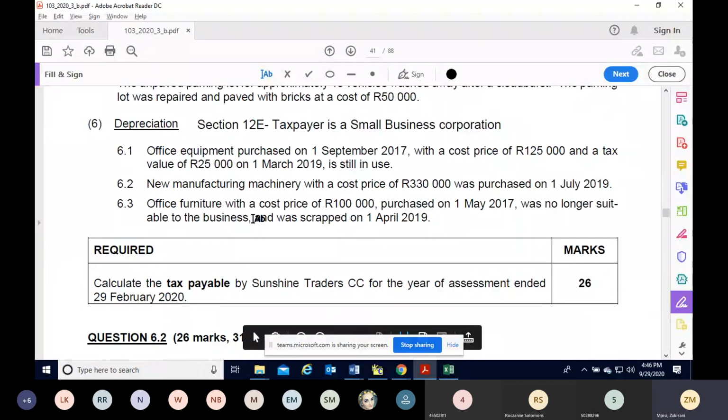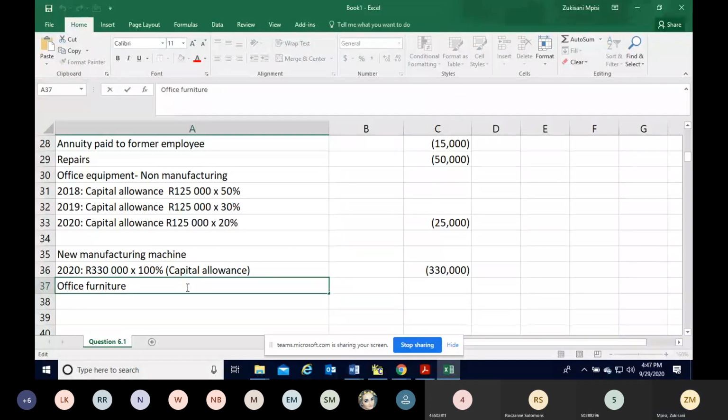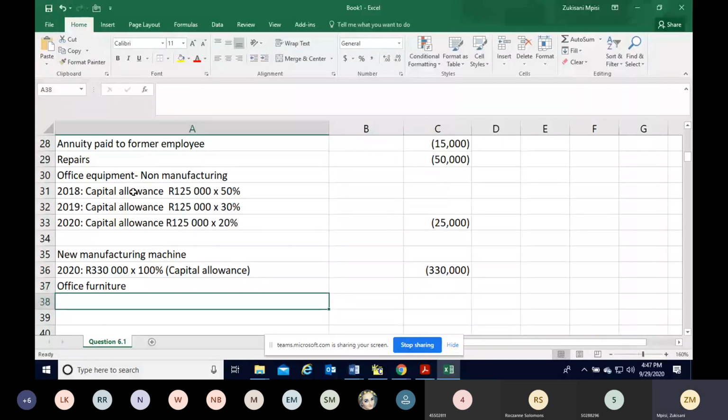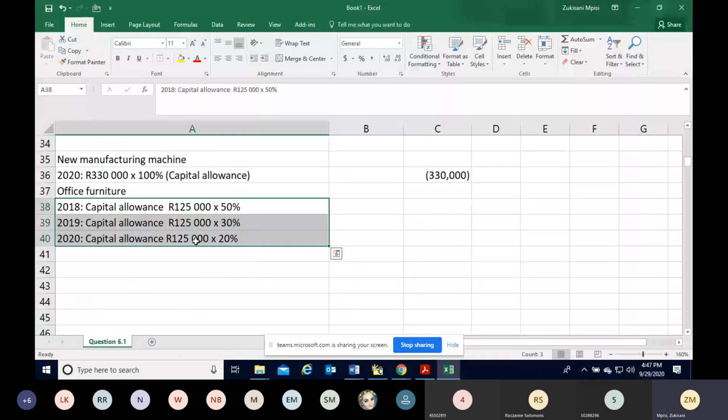And we are told that it was no longer suitable for business and it was therefore scrapped. So let's quickly look at how we're going to get to the allowance for office furniture. So we're going to have a similar thing, but the amounts are going to change here.